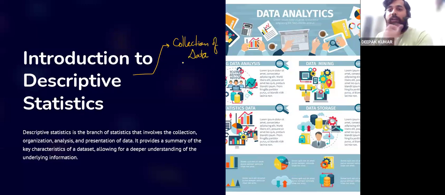We also call it accumulation of the data. You are collecting the data, and that data could be anything which we have just studied: numerical data, categorical data, continuous or discrete data, binary data, string data. That could be stock market data.